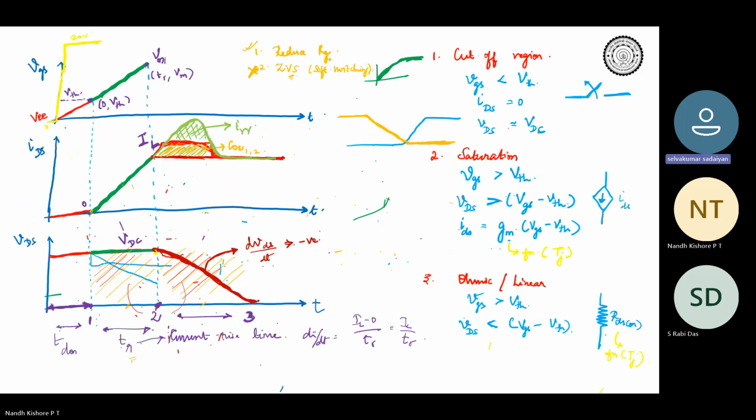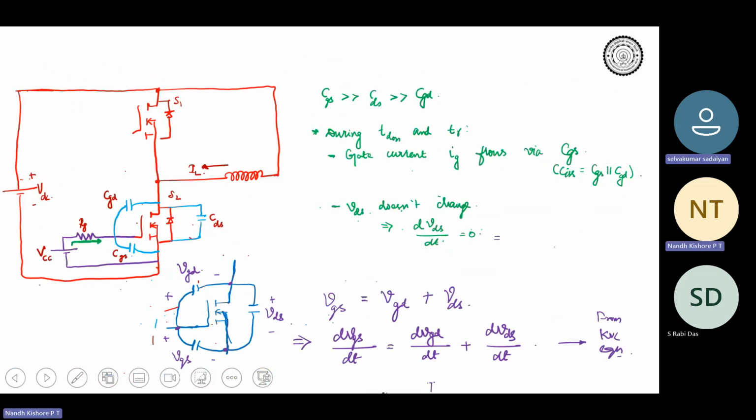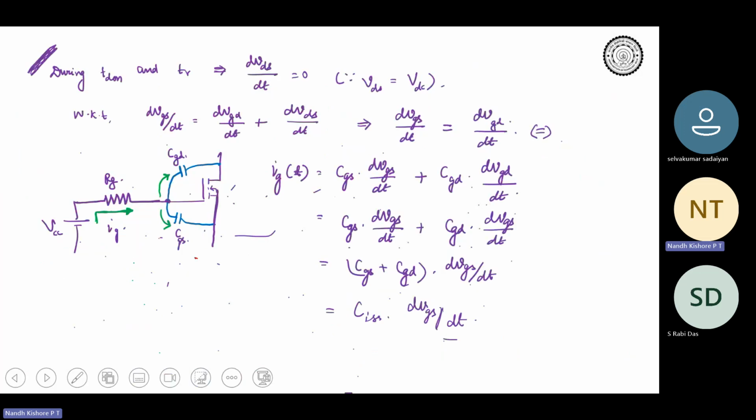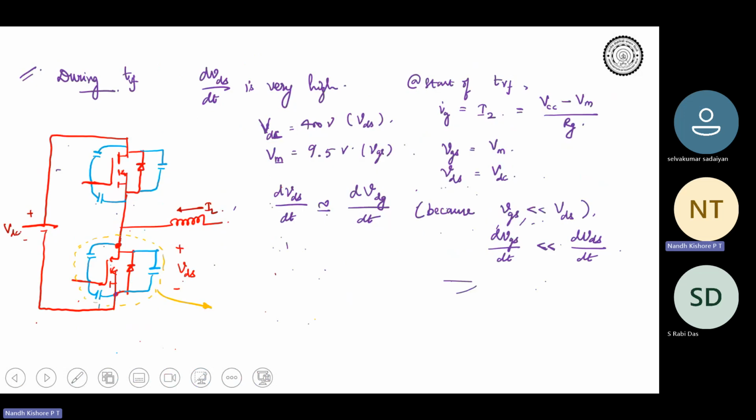After TR, now VDS we are dealing with the voltage fall time. VDS will fall from VDC to zero, right? So now the point is, we saw in the previous slide that since dV by dt is very high, the gate source voltage, the Miller voltage, is nothing compared to VDC.